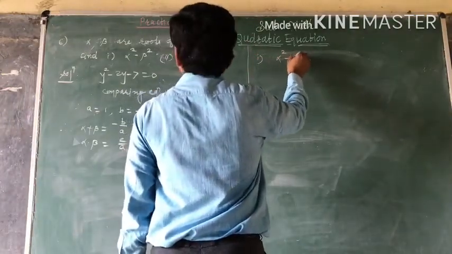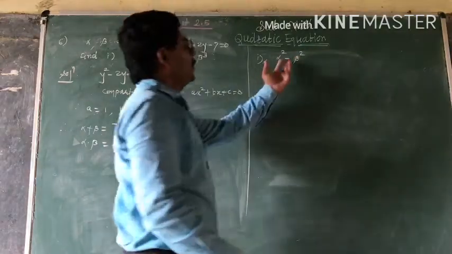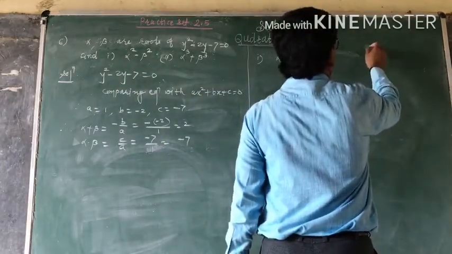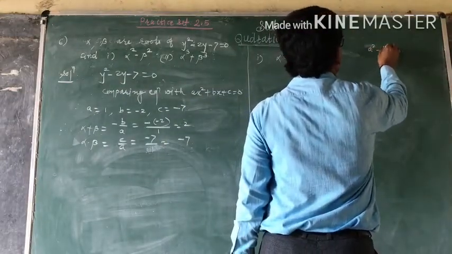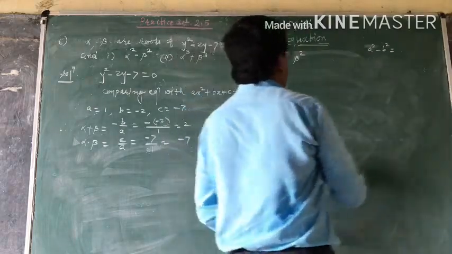From that, find alpha square minus beta square. How to find this value? Now you know the formula: a square minus b square.